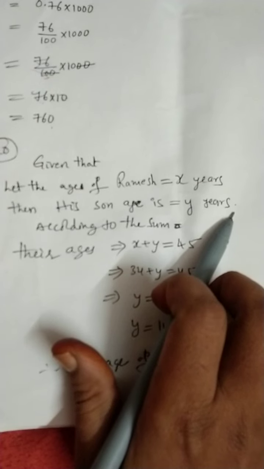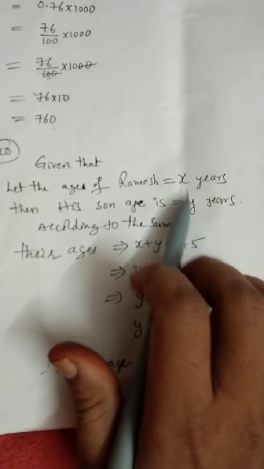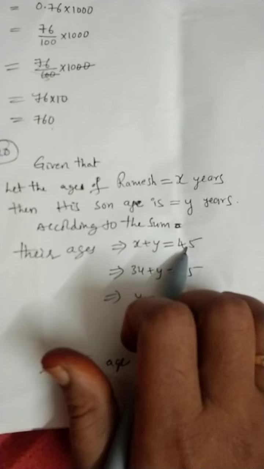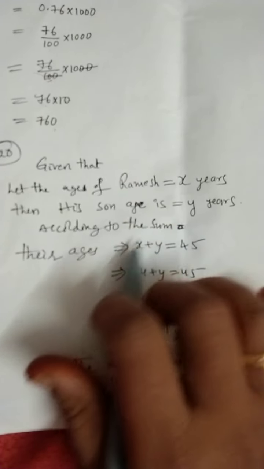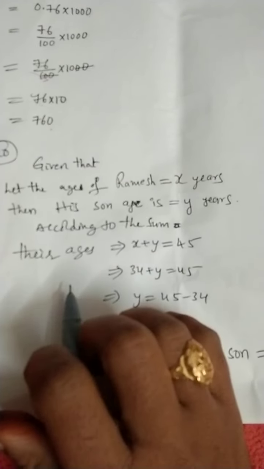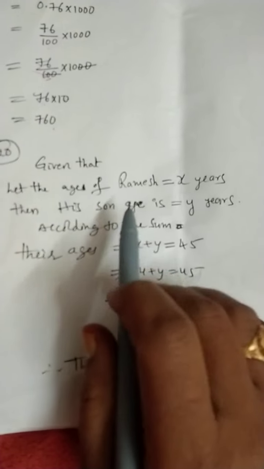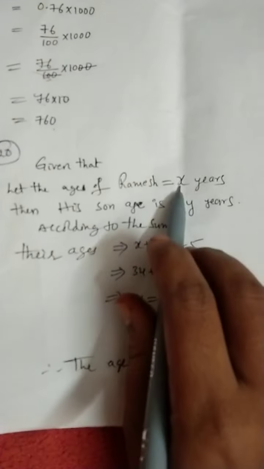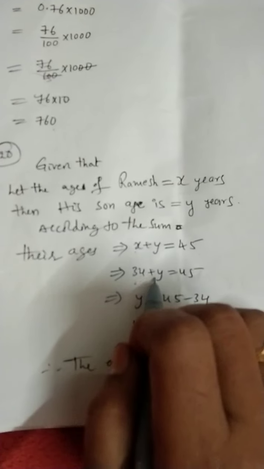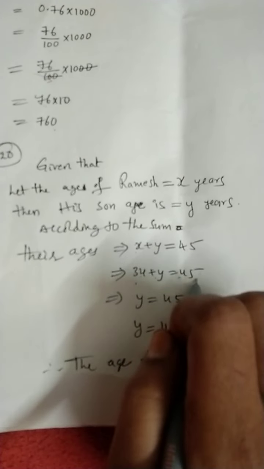According to the sum, the sum of ages is 45 years. Sum means addition, so x plus y is equal to 45. Also the age of Ramesh is given as 34 years, so 34 plus y is equal to 45.